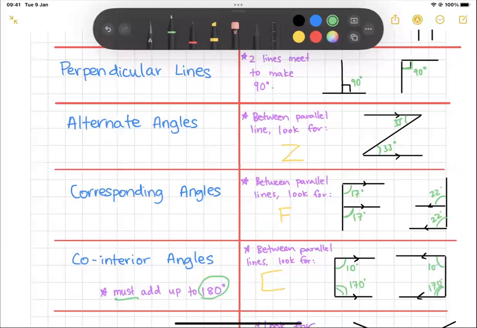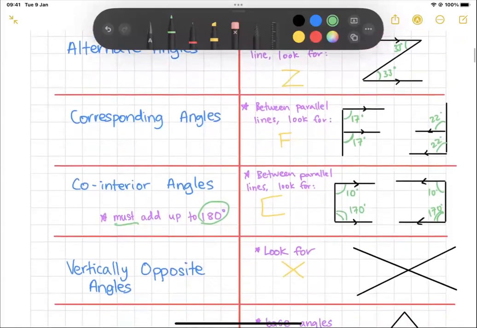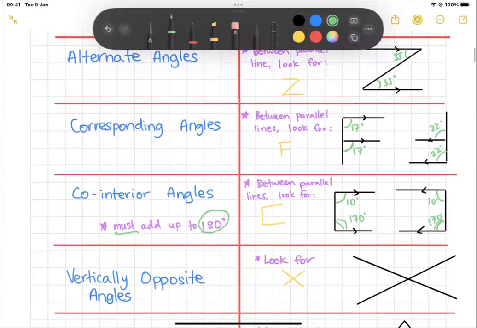170 degrees. Right. The next one is very easy to spot, which is vertically opposite angles. We look for a cross. That basically means that this angle right here is vertically opposite to this angle. They must be exactly the same. This angle must also be vertically opposite.